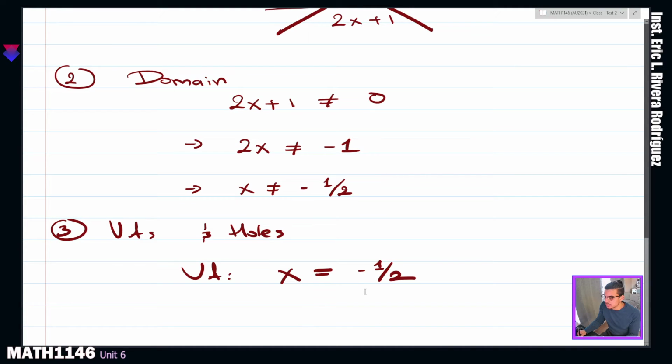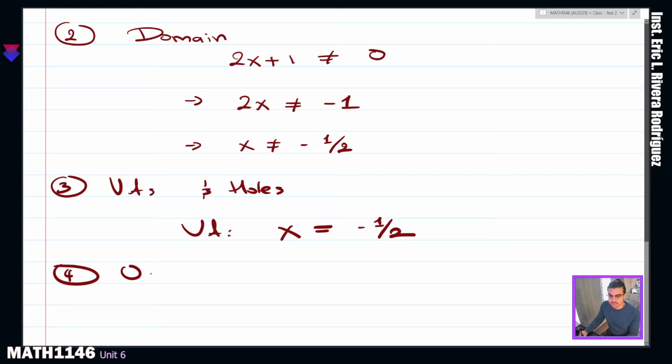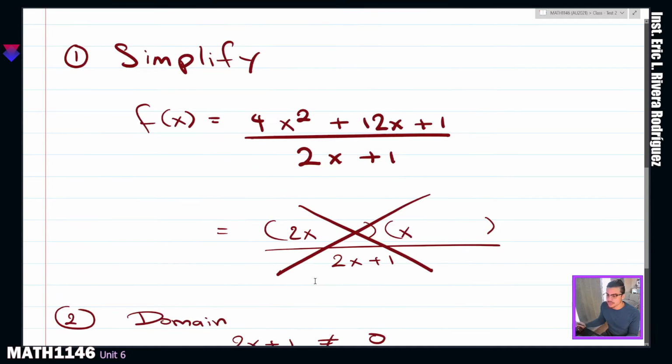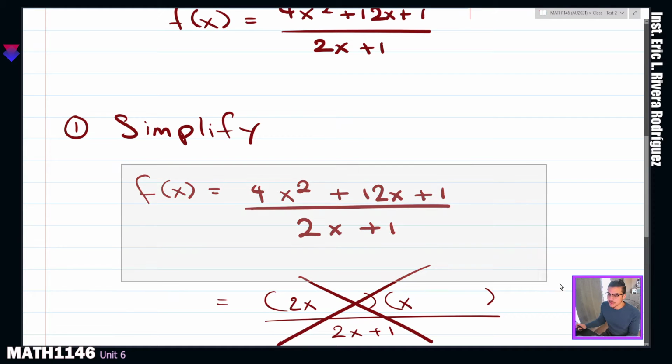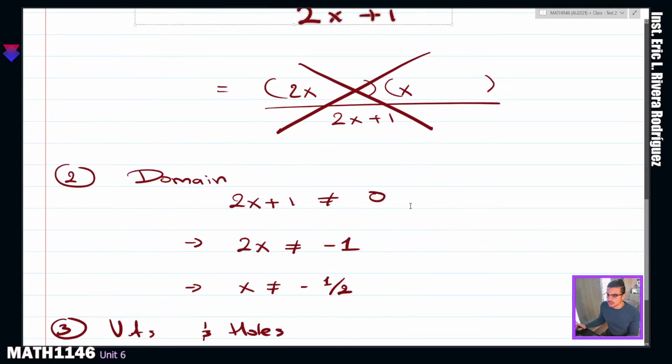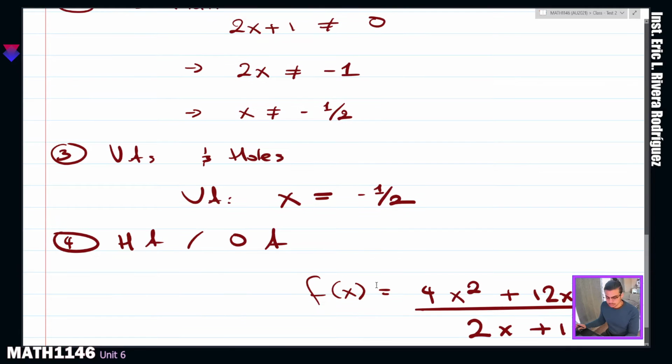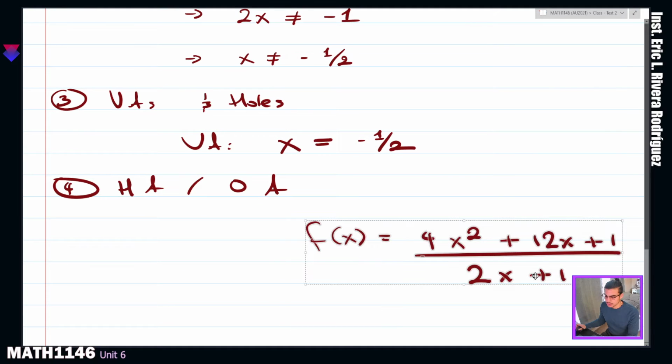All right. Step number 4: oblique asymptote or horizontal asymptote. So start with HA, horizontal asymptote, or oblique asymptote. Okay, and I want you to tell me what kind of asymptote we have here.